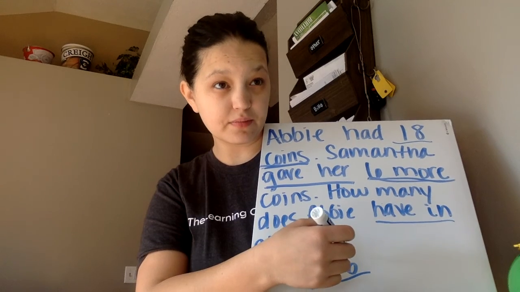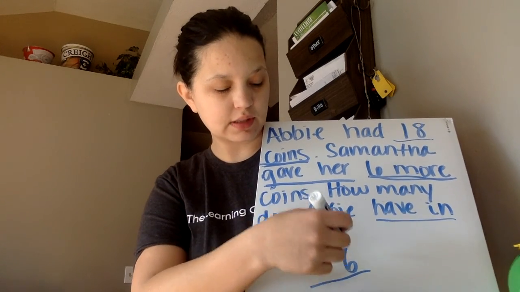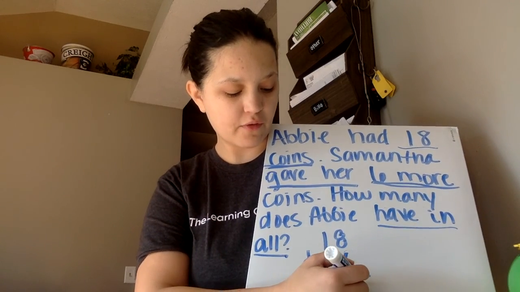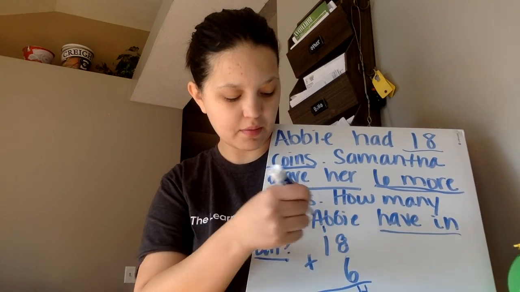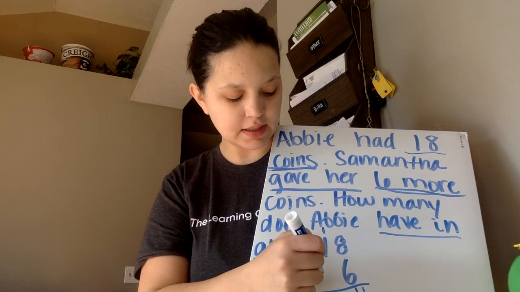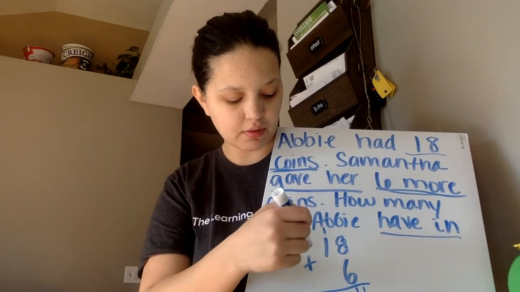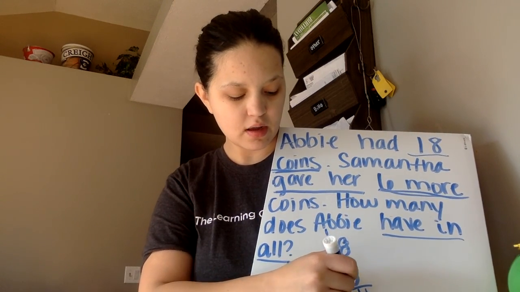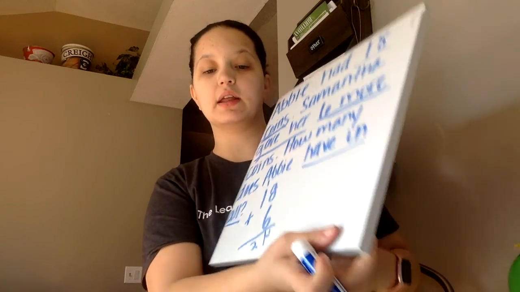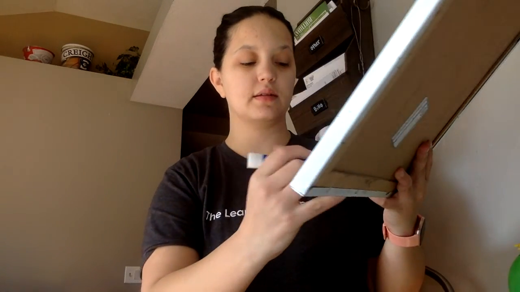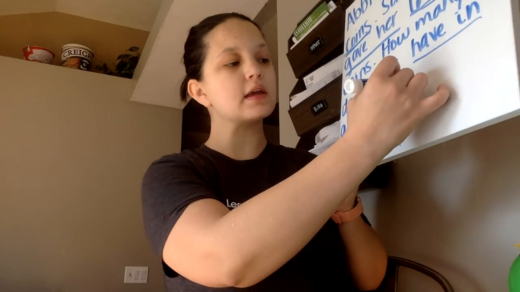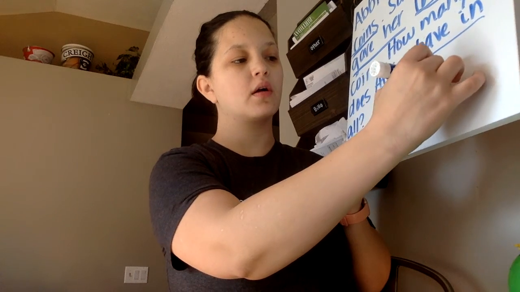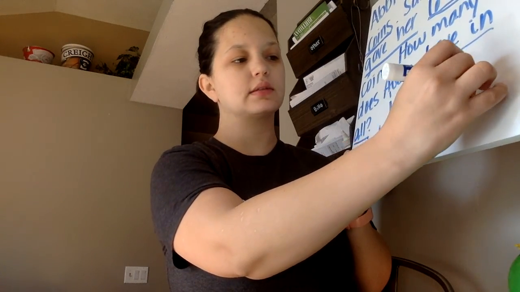I took 2 from 6, so 4. So 10 plus 4 is 14. I'm going to carry my 1 to my tens. And now 1 plus 1 is 2. That was really bad handwriting, guys. Sorry about that. So 4 and 2. So Abby has 24 coins.